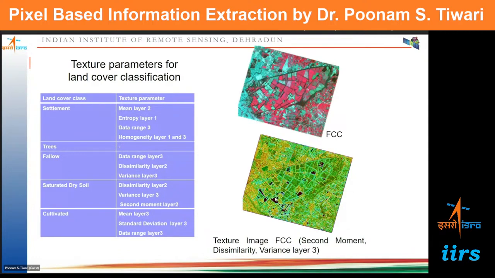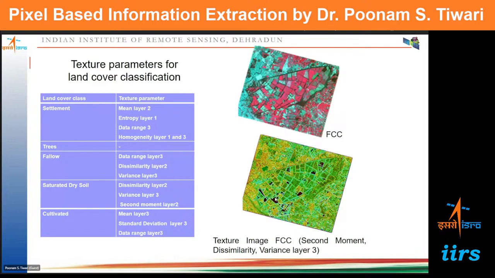So we have used second moment, dissimilarity, and variance of layer 3 and displayed them in RGB colors, and we have got a texture image false color composite. So now you can see many features which were not visible or not so identifiable in the original false color composite. They are now identifiable in the texture images.